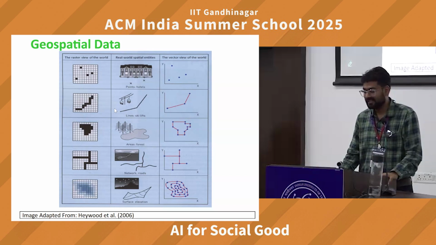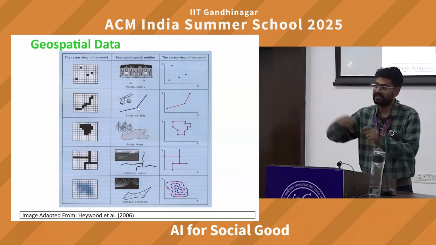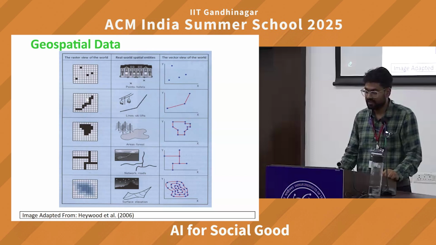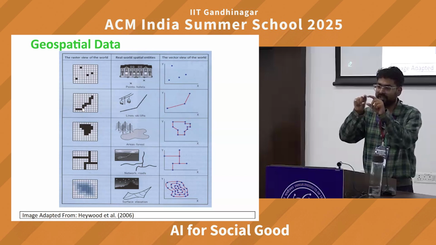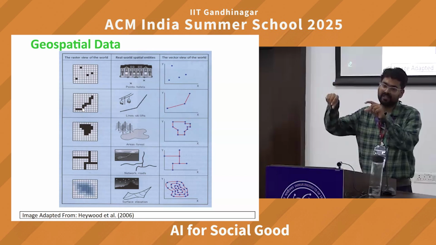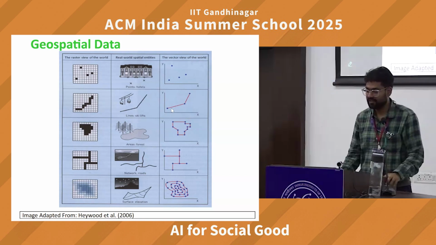Similarly, another example is a line. This is a ski line, showing where the ski line passes through on the earth. If you use a raster dataset, this is not the correct way, because the pixels have to be in a straight line, either in the vertical or the horizontal direction, which is not the case with vector data when you define it based on a line.